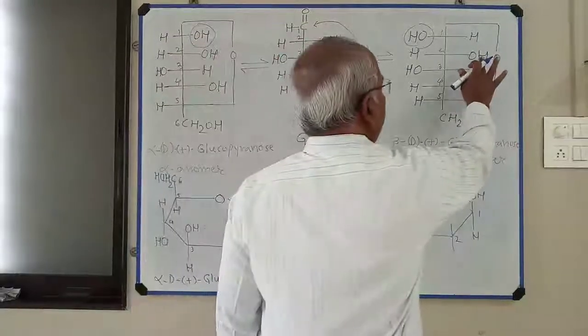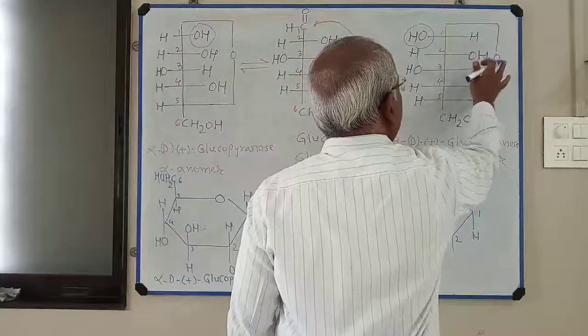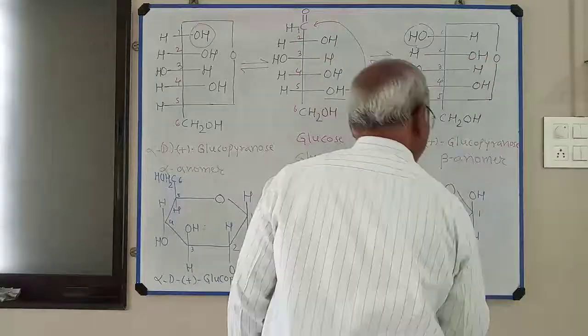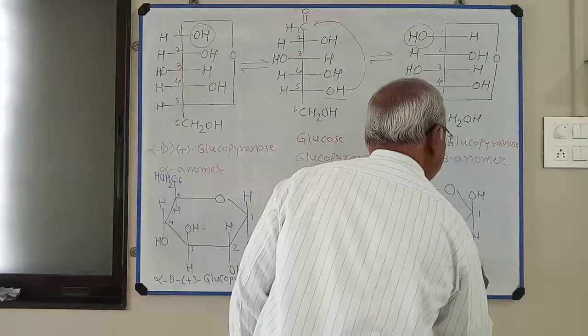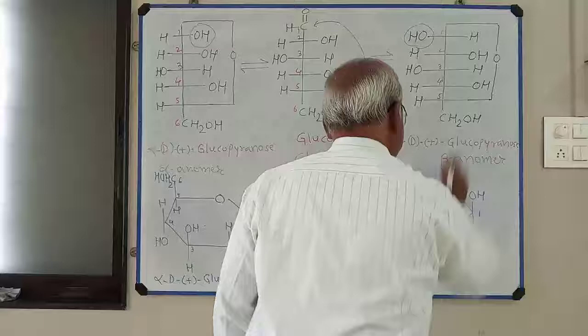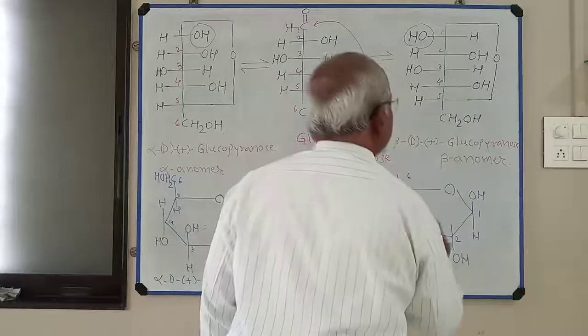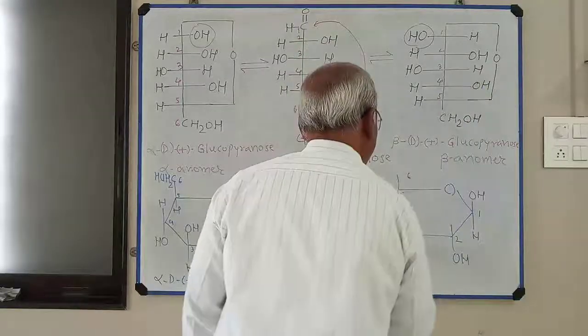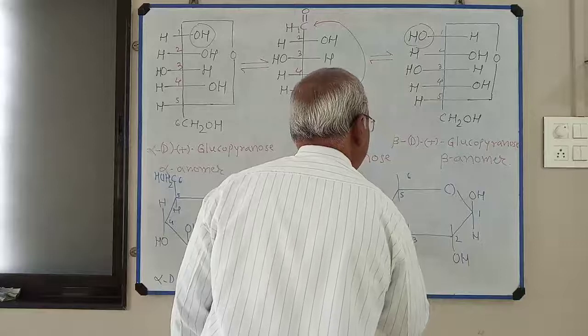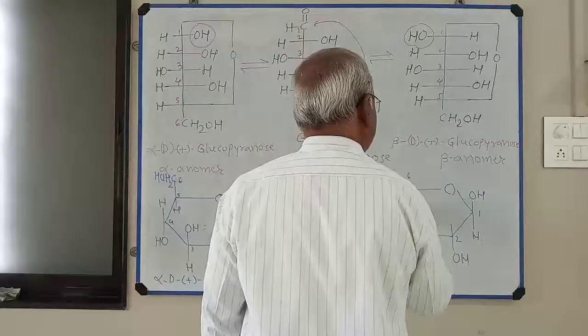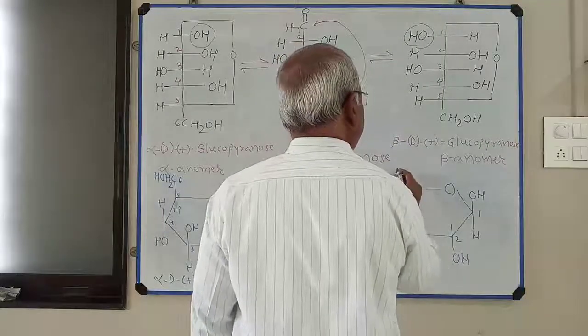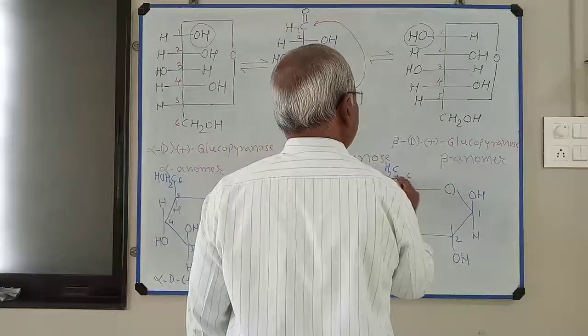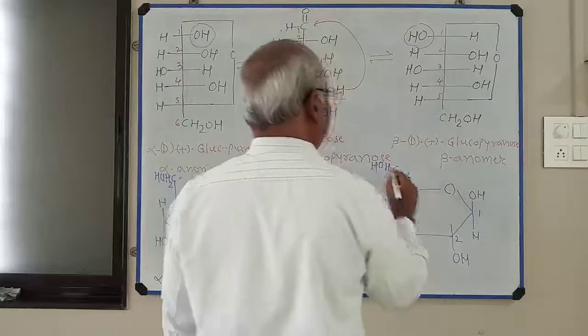This is carbon number 1. At 2 OH is present downward. At 3 H is present downward. At 4th OH is present downward. At 5th hydrogen is here and at 6th CH2OH is here.